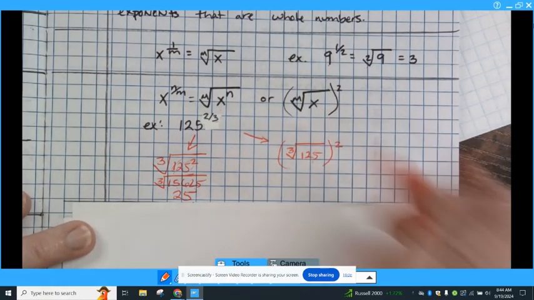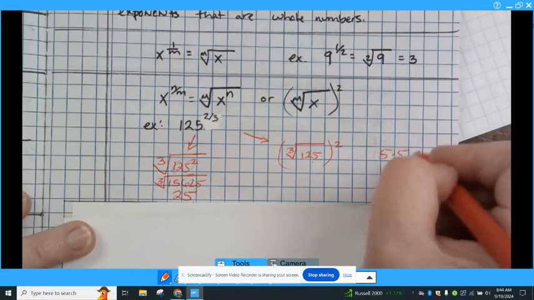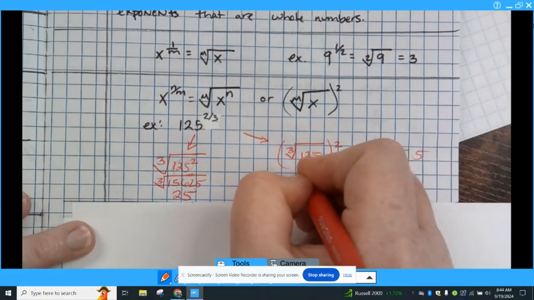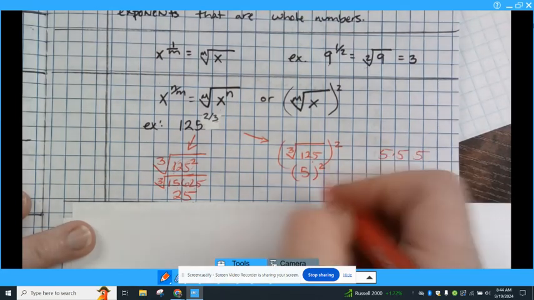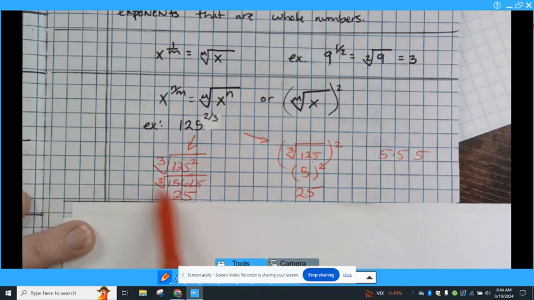The third root of 125: 5 times 5 is 25, times 5. 5 times 5 times 5 is 125. So the third root is 5, but then we square that. 5 squared is 25. So both ways give you the same answer. One way I would definitely have to use a calculator for. The other way I wouldn't.